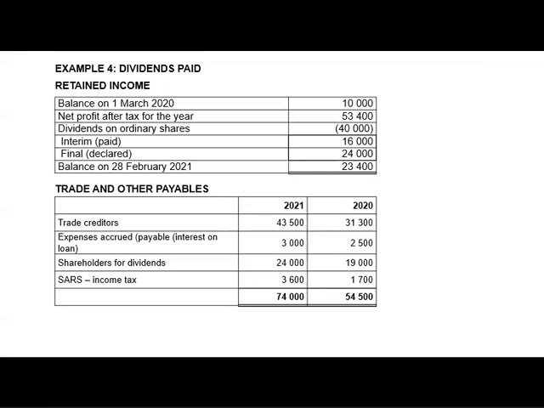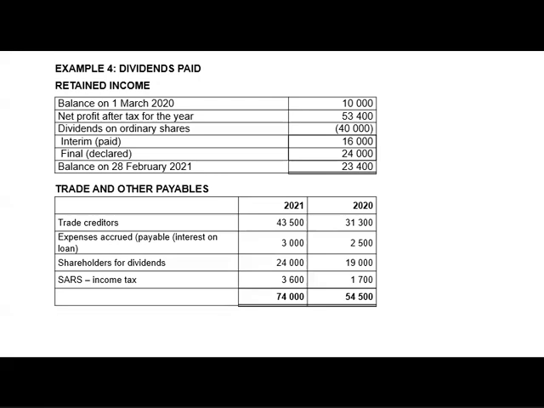Just like they are given to you here, your final dividends will simply be that 24,000 for this year and the 19,000 for the previous financial year. For this year, your interim will be 16,000.